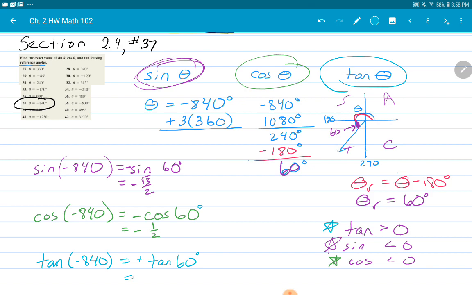So that equals sine over cosine, which is radical 3. Yeah, that's right. Okay, there we go. So there's our final answers.